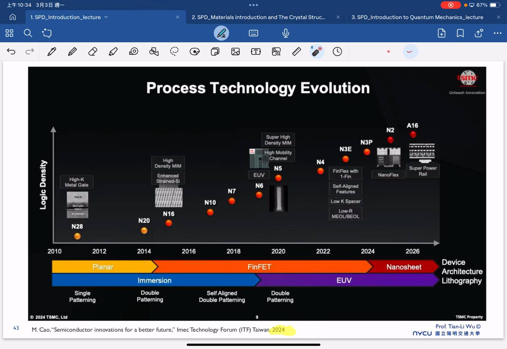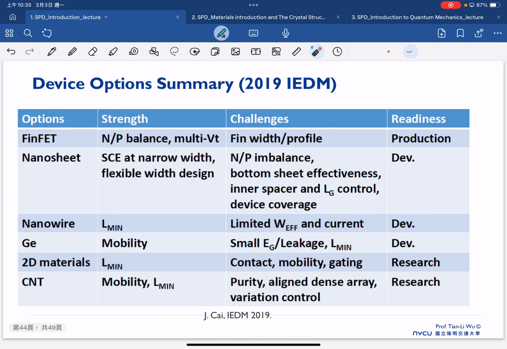So this is 2024, but then we go back to the literature reporting in 2019, which already discussed several device options, summarized here. So we have the FinFET, for sure, already in production, but we also start to have nanosheet, nanowire, germanium, 2D, and CNT.